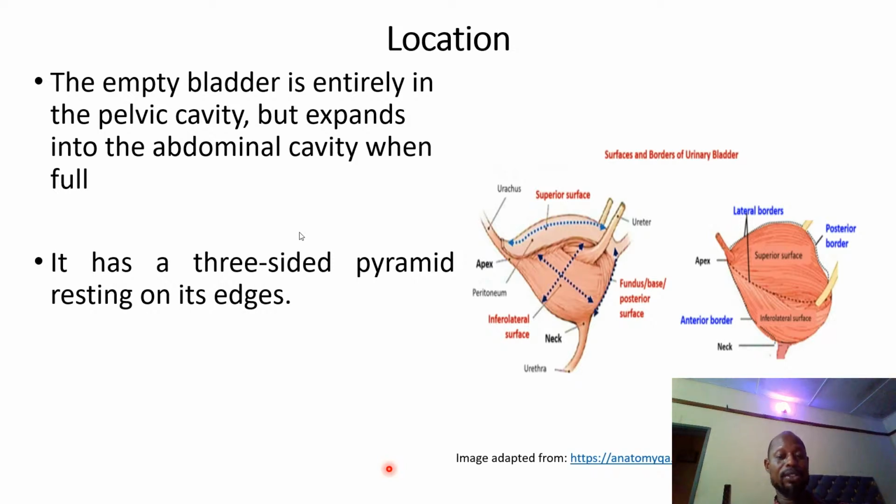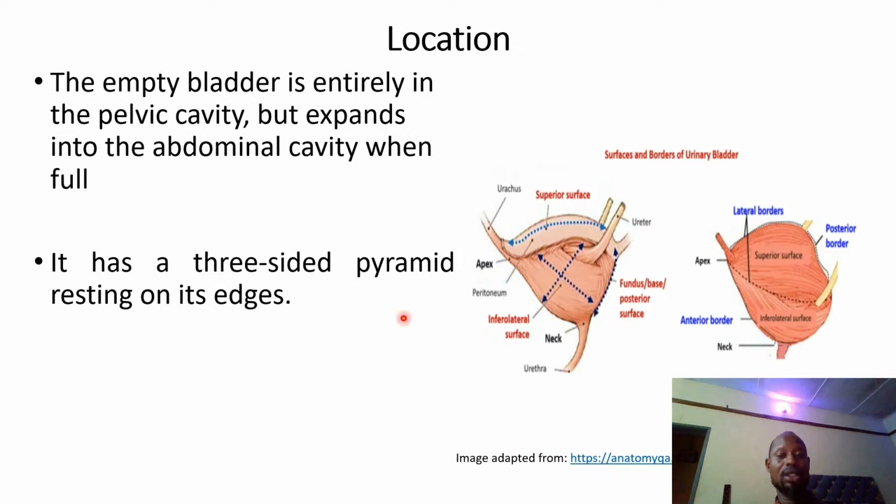At that point, the individual will become uncomfortable, feeling the pressure to urinate, all right. So the bladder can comfortably take about 250 ml of fluid or urine.